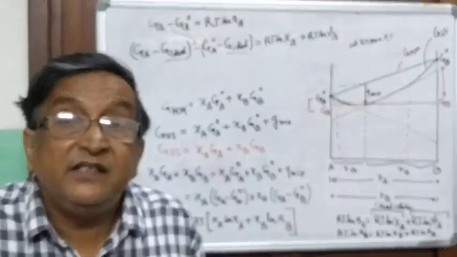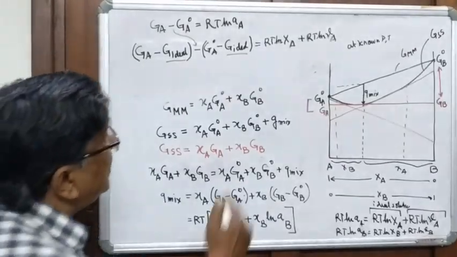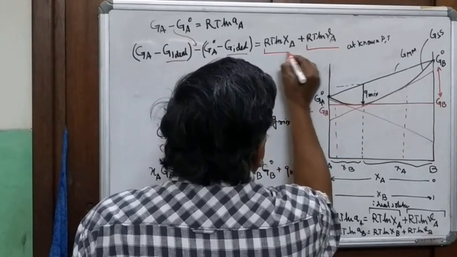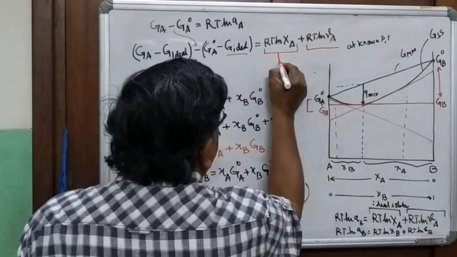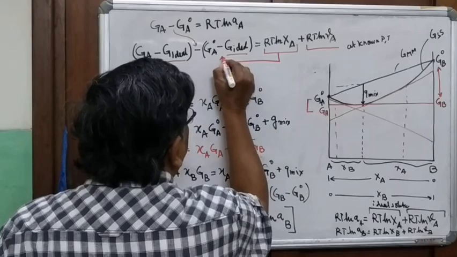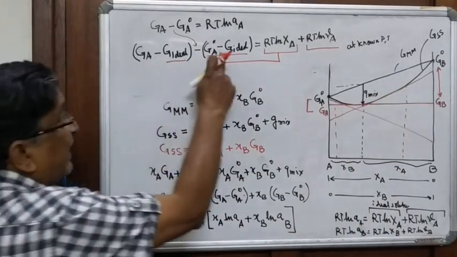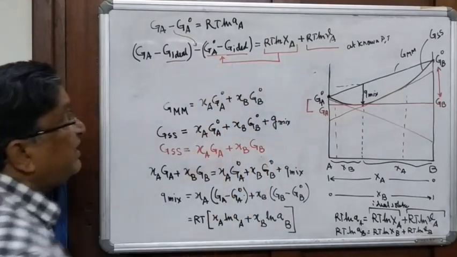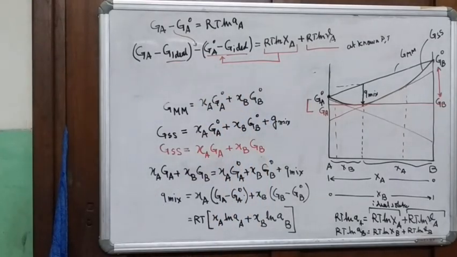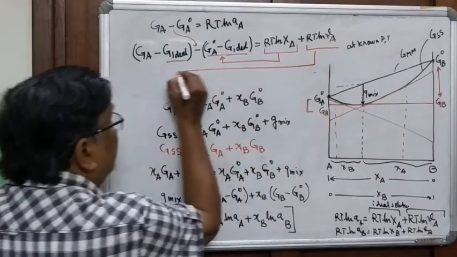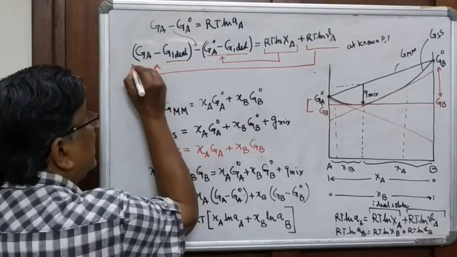That means gamma is equal to 1. So then you can see this term here or this term here, for example, is the same as this term. Do you see that? GA0 minus G ideal is RTL and XA. And RTL and gamma A is the term which is this.